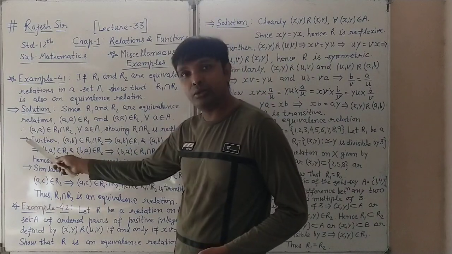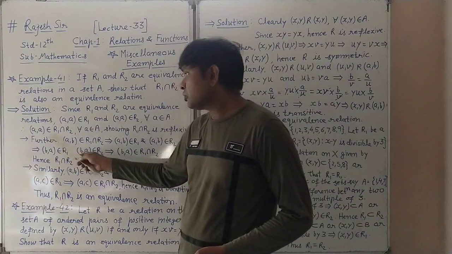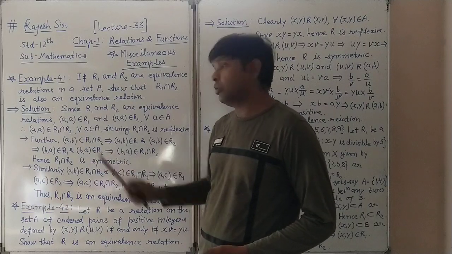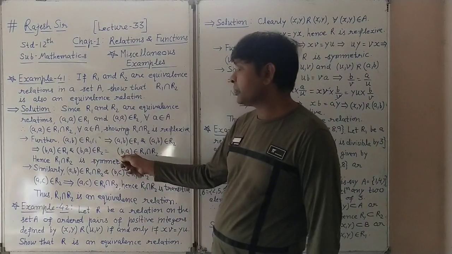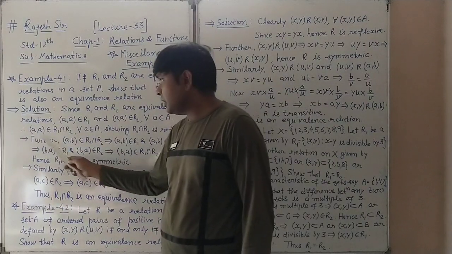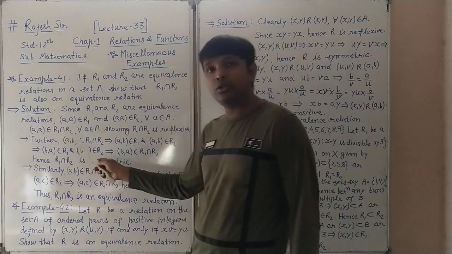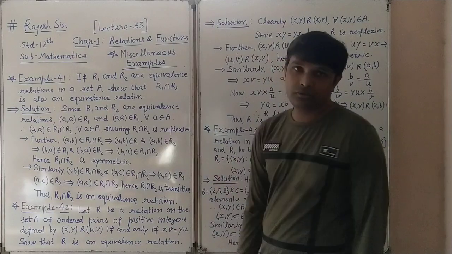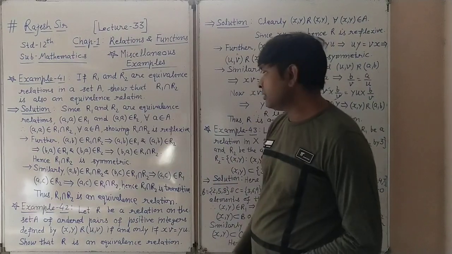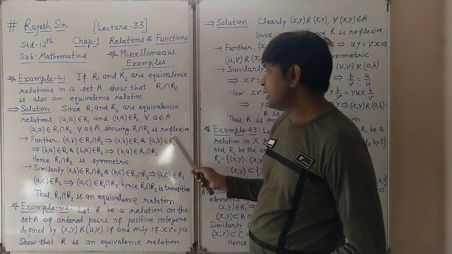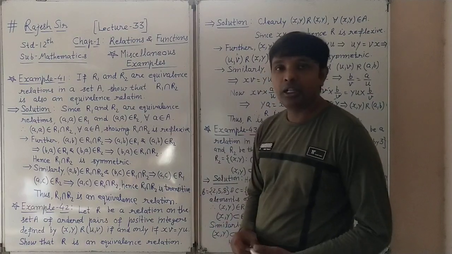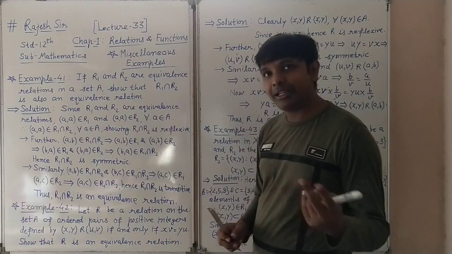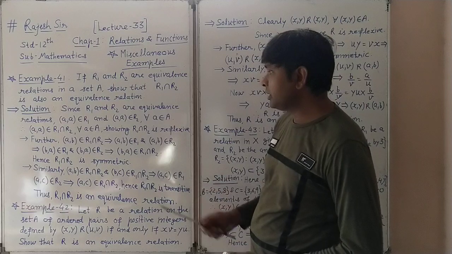So (a, a) belongs to R1 intersection R2 for every a belonging to A. What does this show? It shows that R1 intersection R2 is reflexive. So the first step is done. Now two are remaining, symmetric and transitive, which we will see one by one.